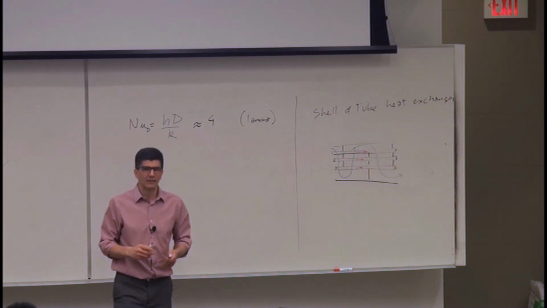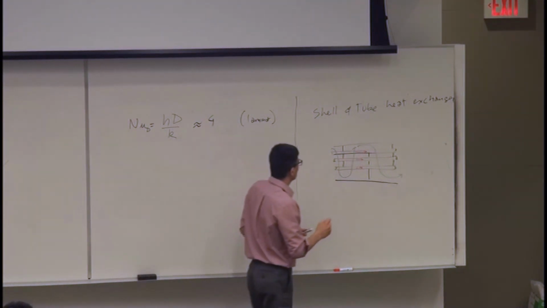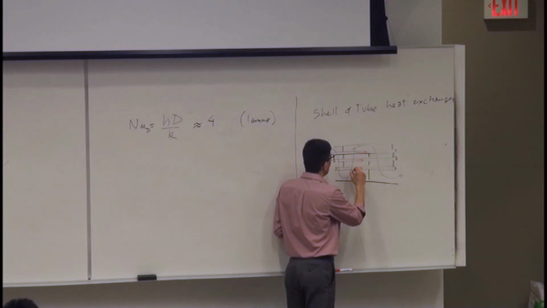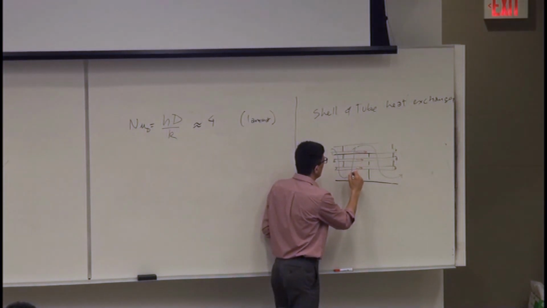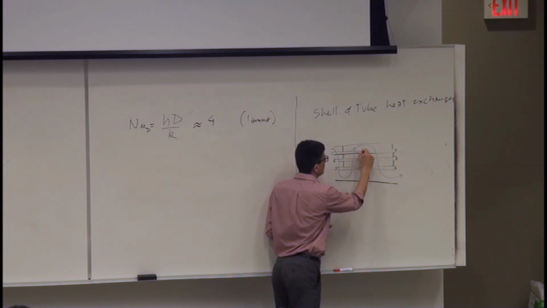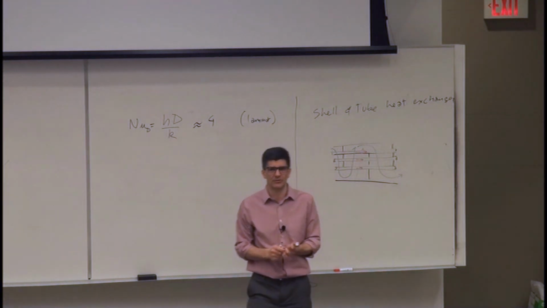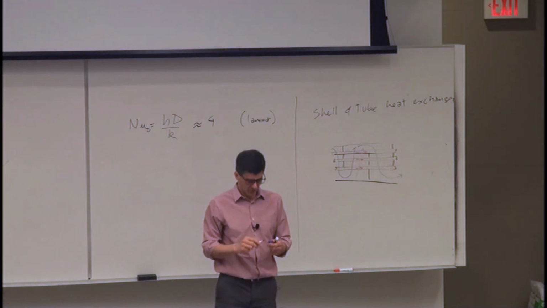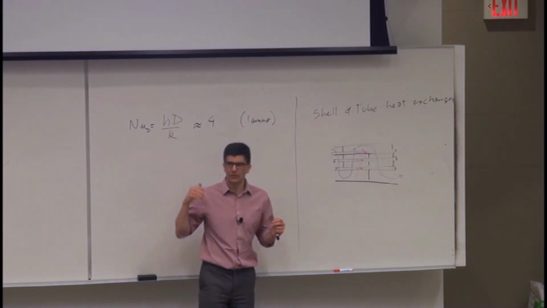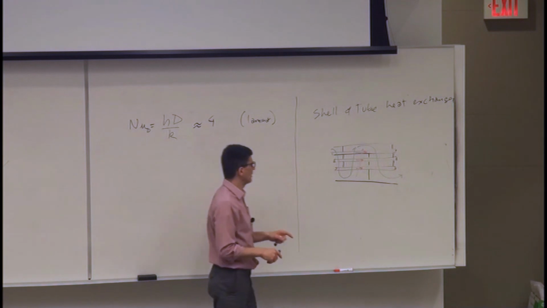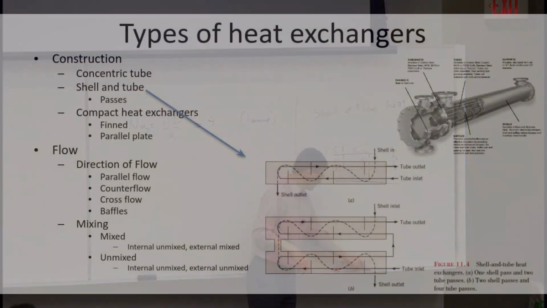And in this case, the convection coefficient would be that of a flow going across a bank of tubes, for which you also have correlations in the book. So for heat exchangers, you can go down to bedrock and calculate them from scratch.